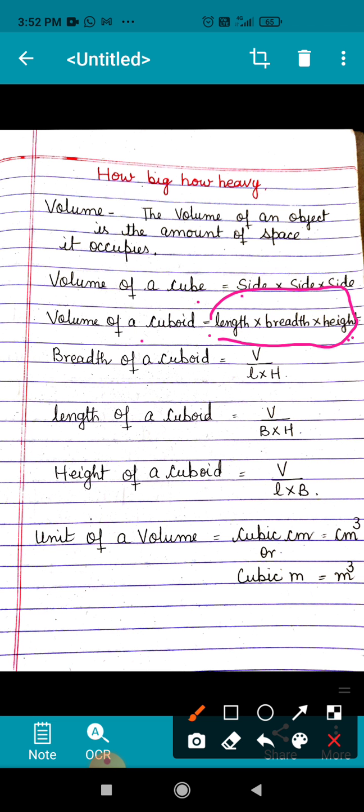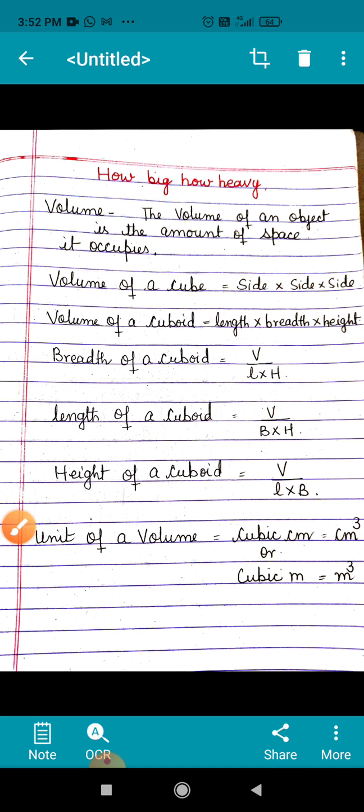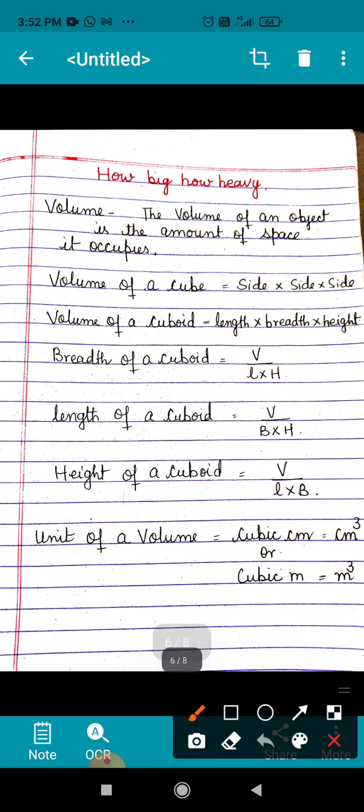Children, when length and breadth and volume are known and you have to find out the height of a cuboid, you will use this formula: volume upon length into breadth, or you can say volume divided by length into breadth.